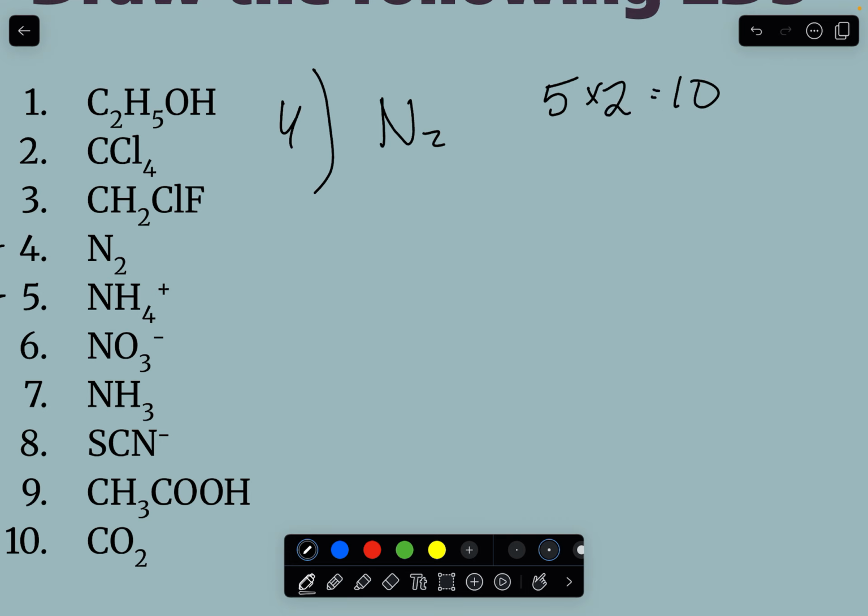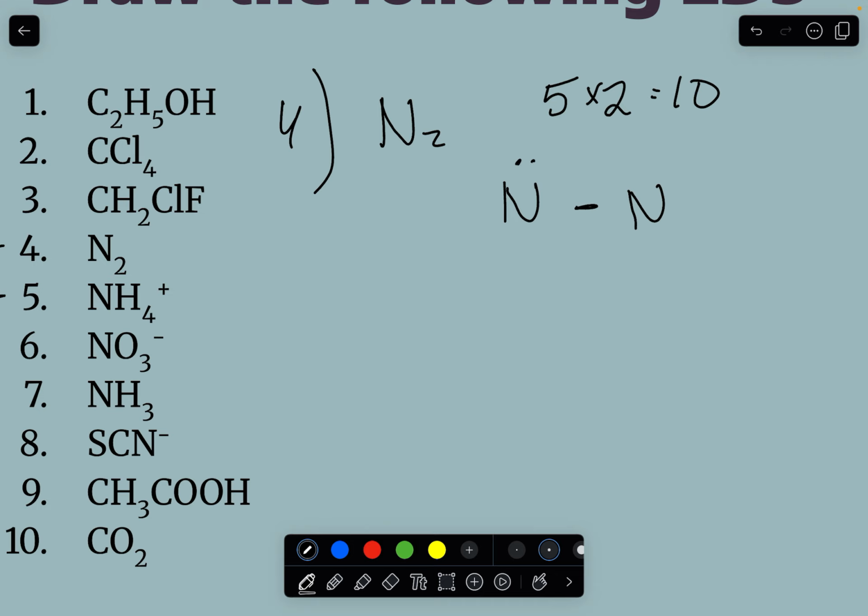Okay, if you only have 2 atoms, there is no central atom. They just go side by side. We're going to connect them with our line, like we said, our bond. That's 2 electrons. We're going to put electrons on the outer atoms, on each nitrogen, until they get to the octet rule. They get 8.